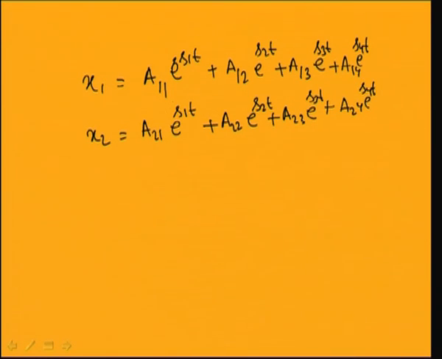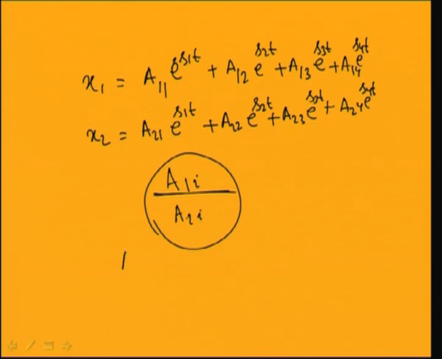You can see that a1i and a2i are arbitrary, and using the initial conditions you can find them. As a1i and a2i are related, by finding a1i first you can find a2i.